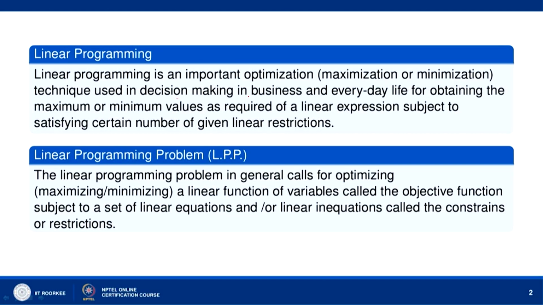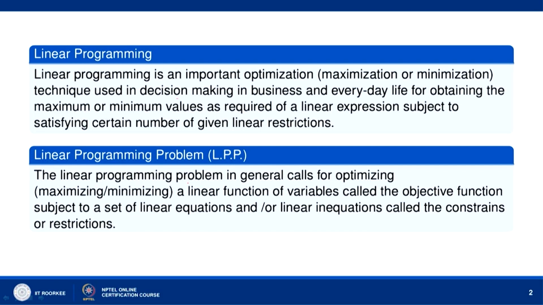So, let us see what is a linear programming. A linear programming is an important optimization, that is maximization or minimization technique used in decision making in business and everyday life for obtaining the maximum or minimum values as required of a linear expression subject to satisfying certain number of given linear restrictions.